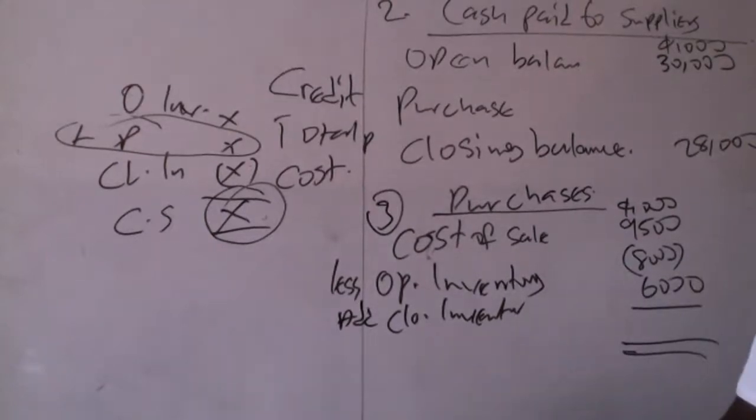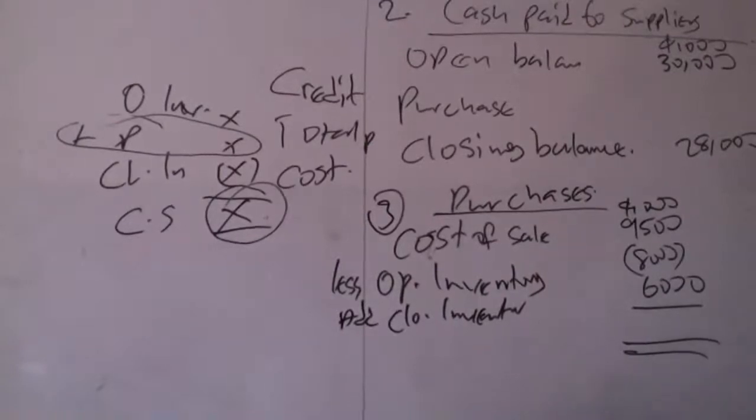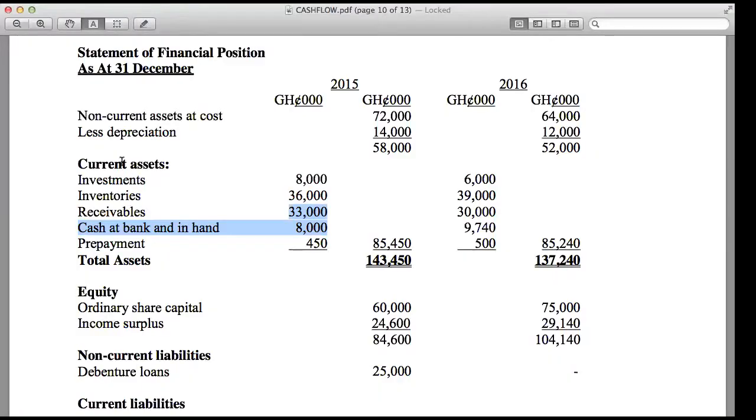Okay, so the closing inventory is not 6,000, eh? You picked a wrong figure, right? Oh, okay. That's fine. Let's visit it again. Okay, I picked the investment, right? That's fine. So 36 should be the open inventory. Good. And then the closing inventory is what? 39.